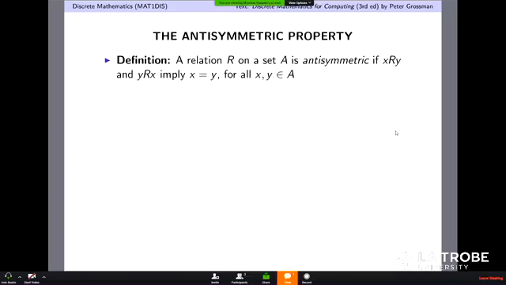Now look at antisymmetric. A relation R on a set A is antisymmetric if X is related to Y and Y related to X imply X and Y are the same, for any X, Y that you choose. Can you give me an example?